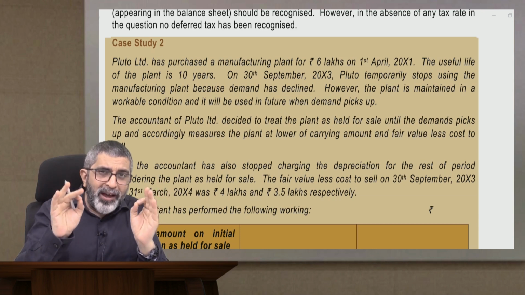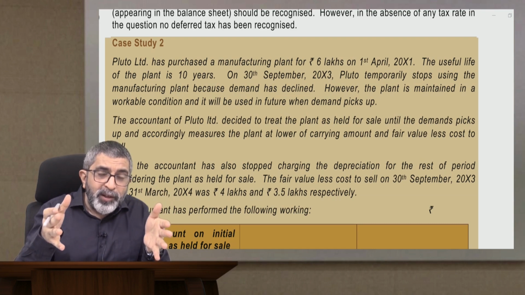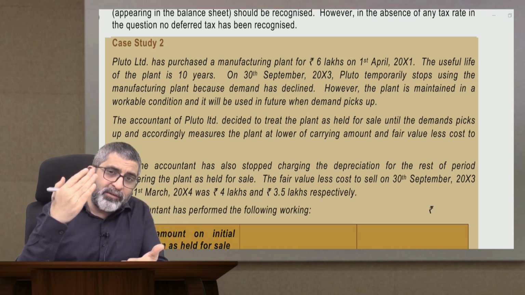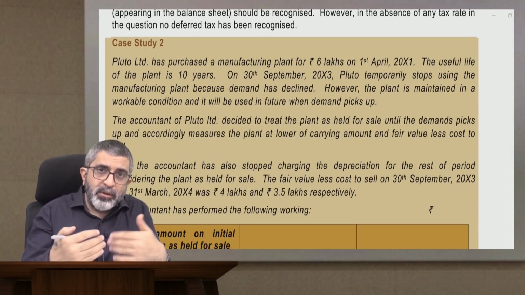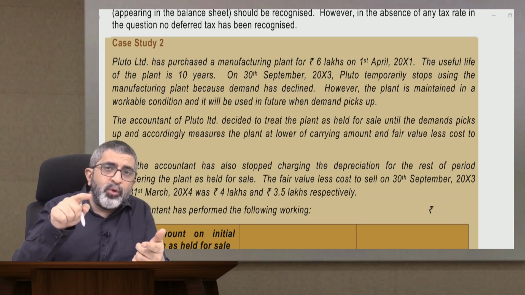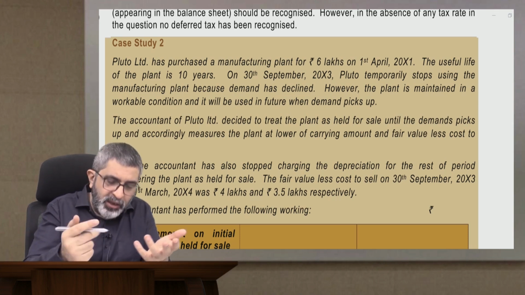An idle plant cannot be classified as held for sale because it is maintained in a workable condition. Neither have you abandoned the plant, nor have you actually held it for sale, because if you keep it for sale, then you should not have any intention of using it.